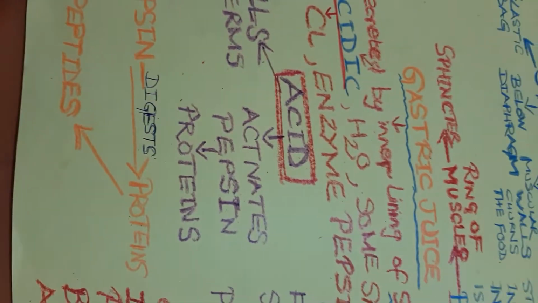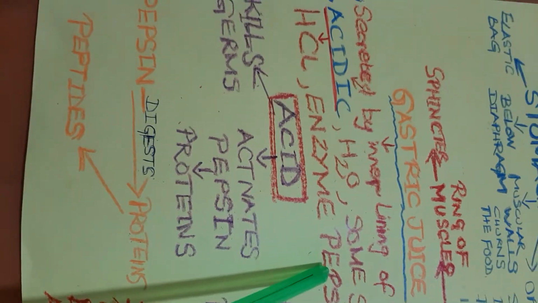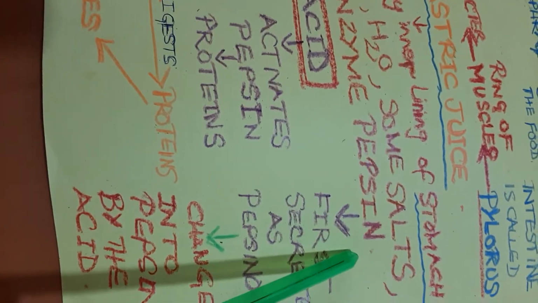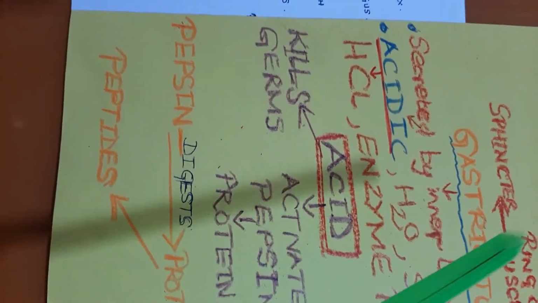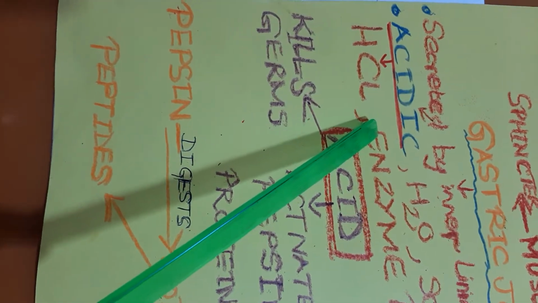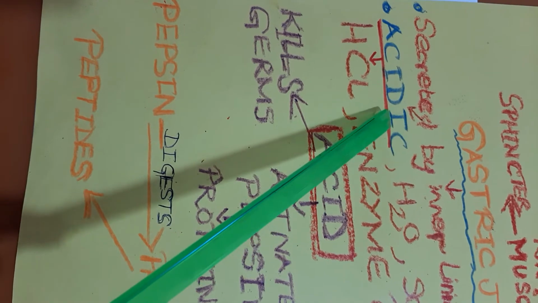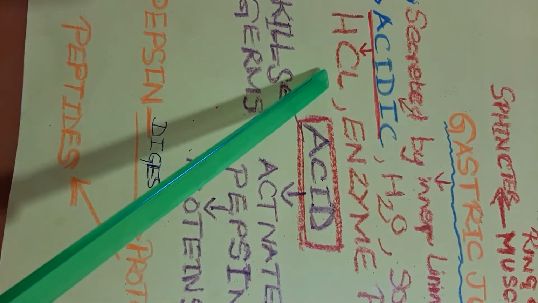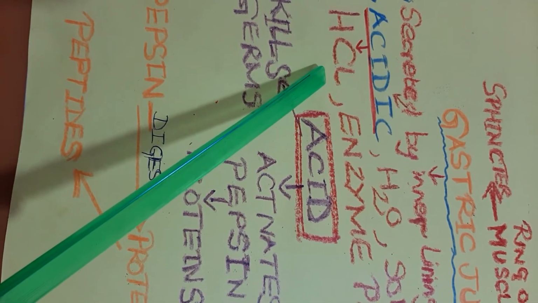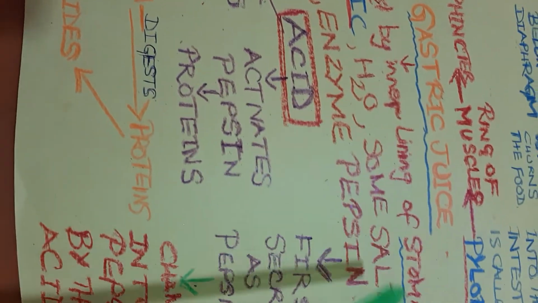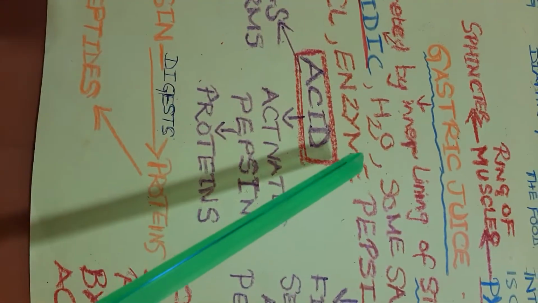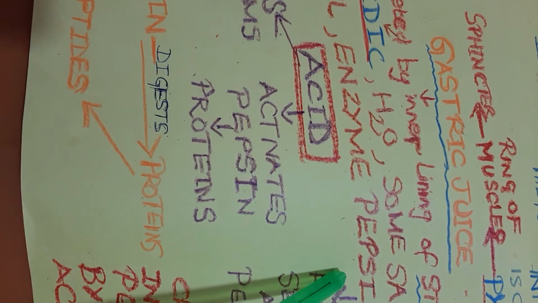Now the gastric juice, which is secreted by the inner lining of the stomach, is highly acidic due to the presence of hydrochloric acid. It has water, some salts, and an enzyme called pepsin.